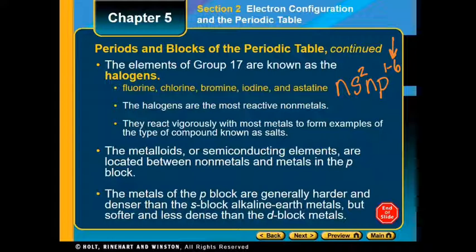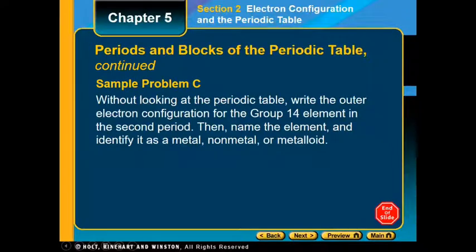Let's go use this generic configuration to answer our next question. So again, it says without looking at the periodic table, can you write the outer configuration for a group 14 element in the second period? Group 14 element in the second period. So what we just had was NS2, NP, some number 1 through 6.